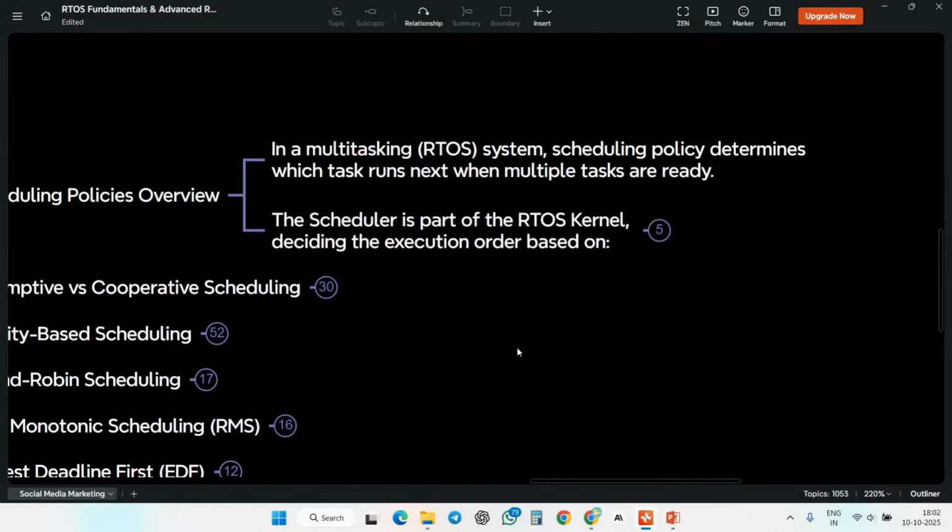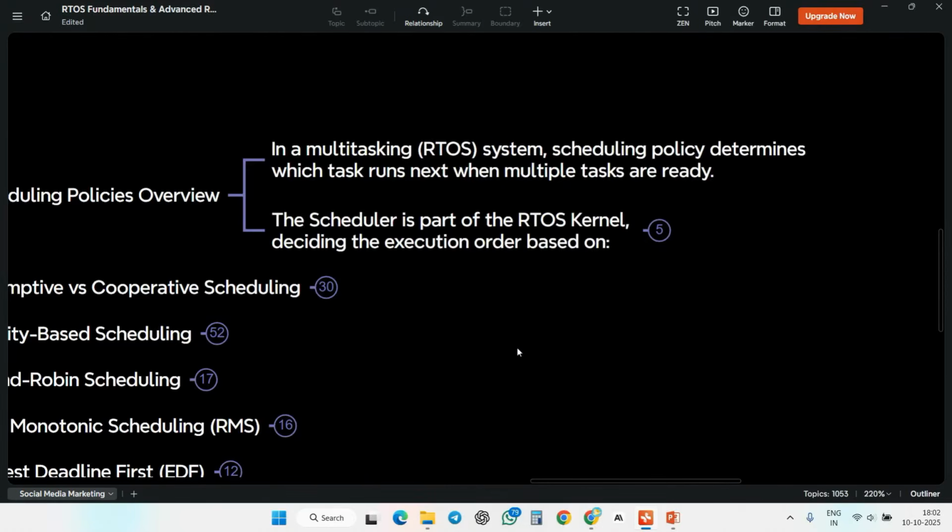Whenever the RTOS does multitasking, it needs to know which task is going to run next, and which task should be ready to run. The scheduling policy determines all of that.